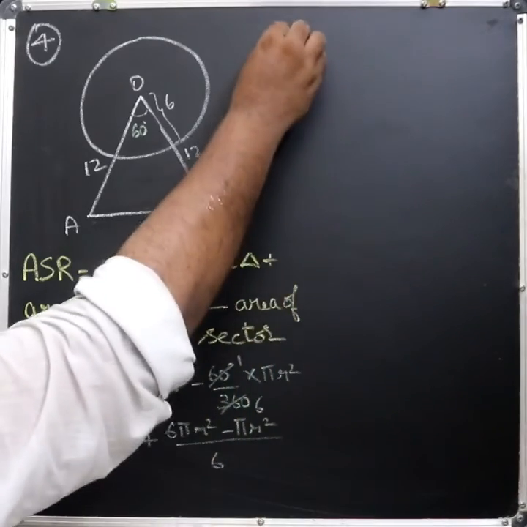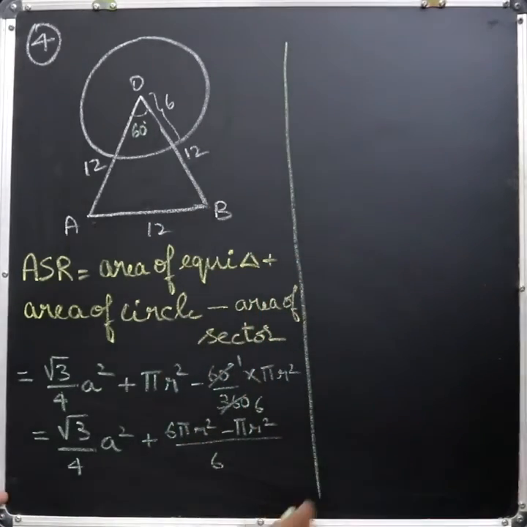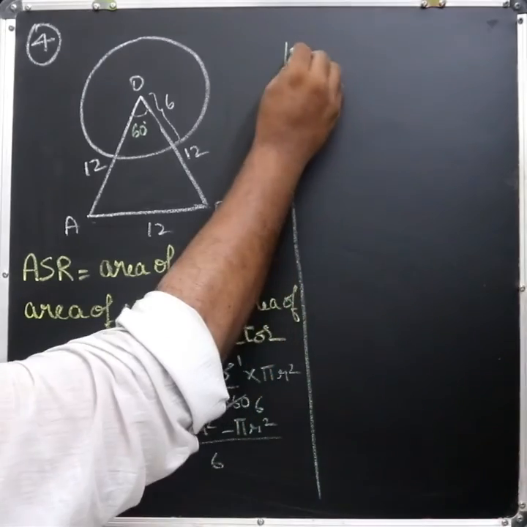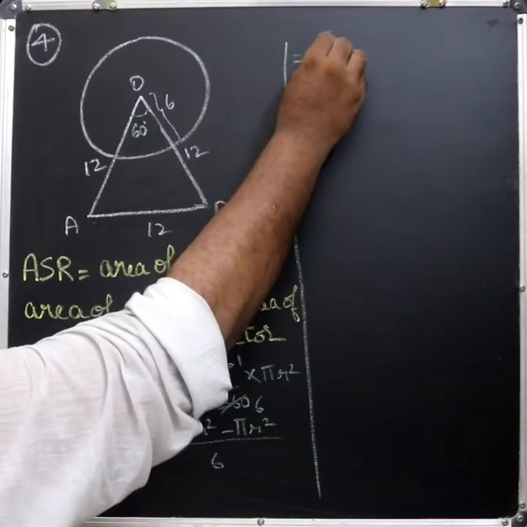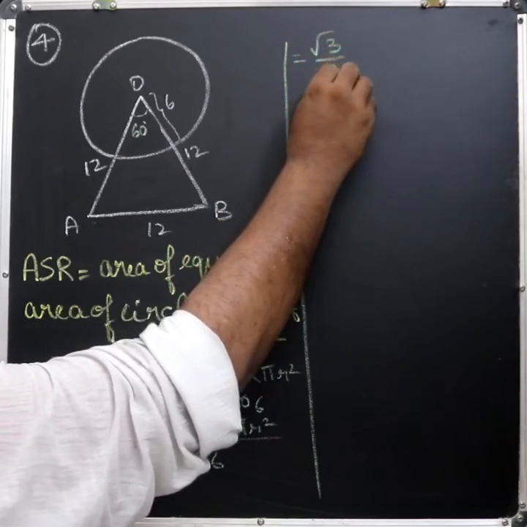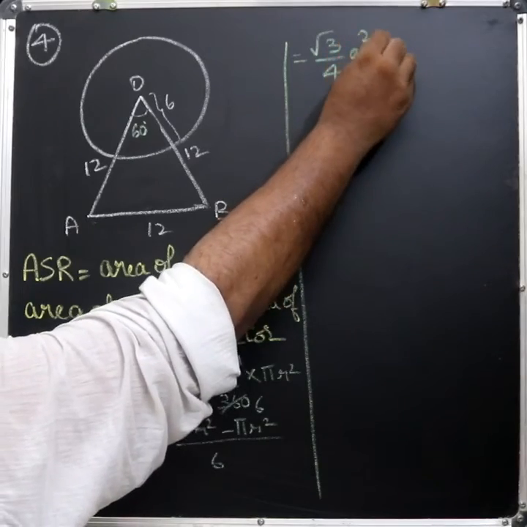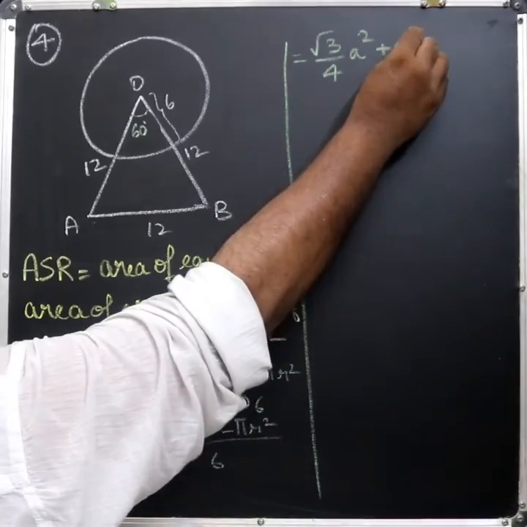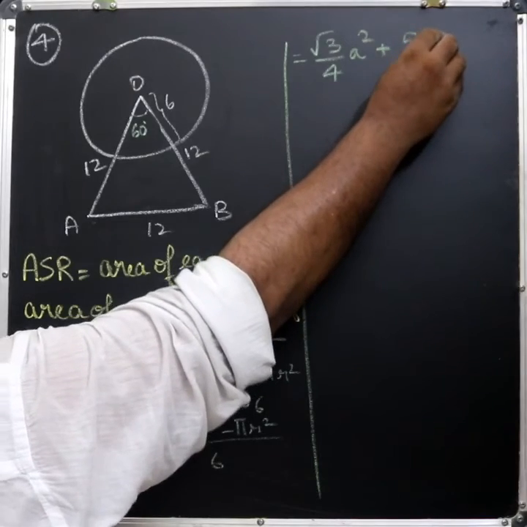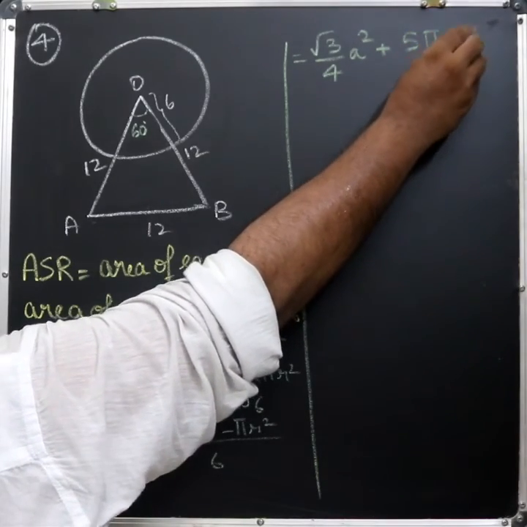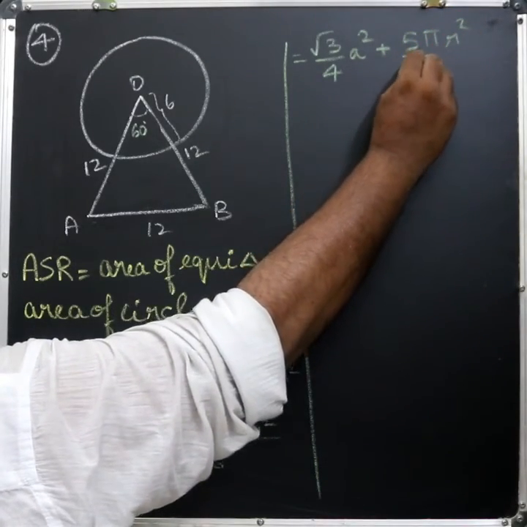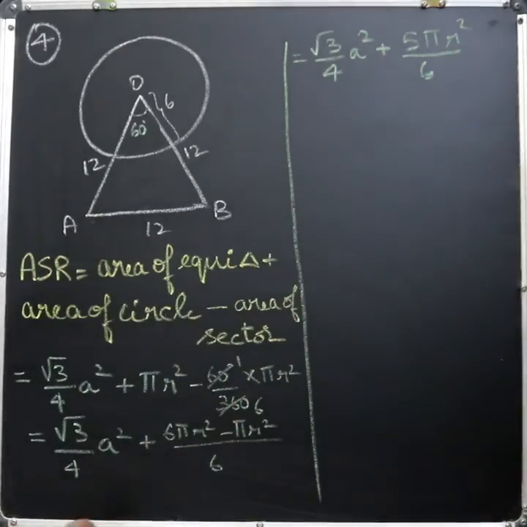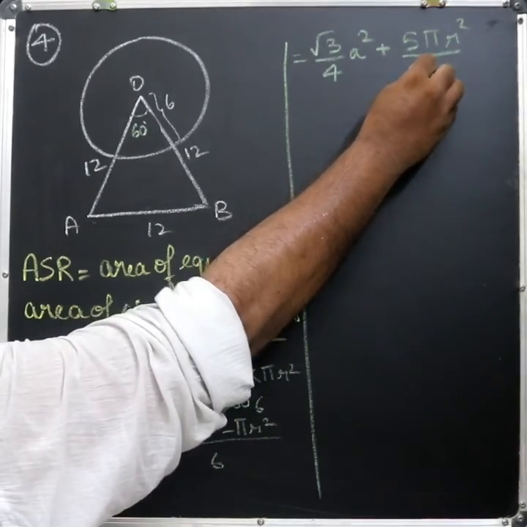So the final formula to find the area of the shaded region is going to be root 3 by 4 a squared plus 6 pi r squared minus pi r squared, which is going to be 5 pi r squared, divided by 6.